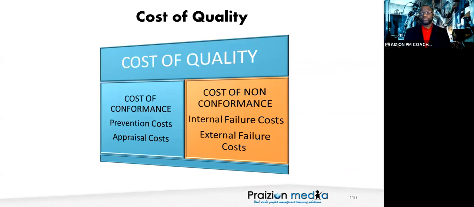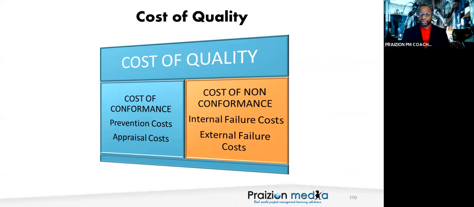Within the cost of conformance, we have prevention cost, spending time and money to do things right, ensuring that your processes and procedures are solid, making sure that you assure quality. These are good costs.